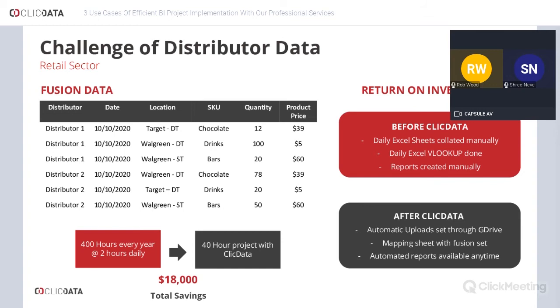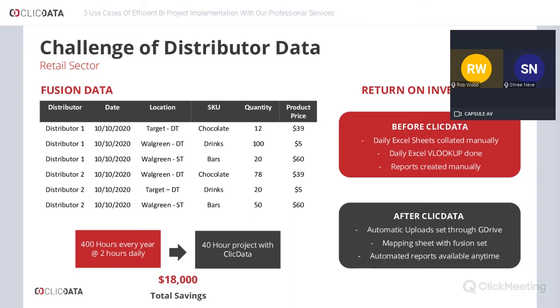But after Click Data, the uploads coming from distributors started going straight to Google Drive. We figured out a way to combine them and get the data pushed to Google Drive. We also provided a mapping sheet, which could help with the fusion of the entire data set. And at the end of it, we created a report that was available at any point of time.